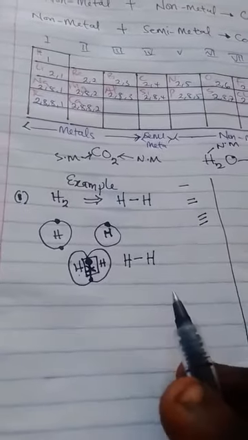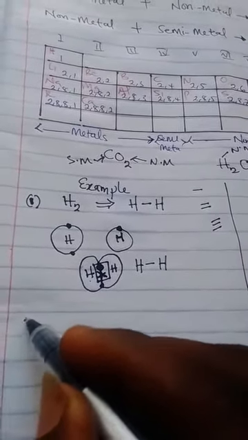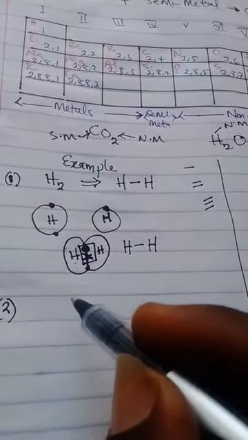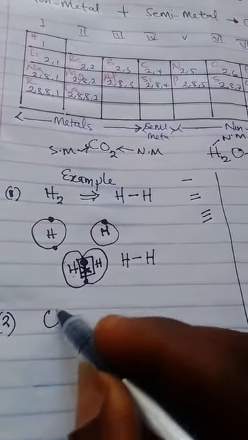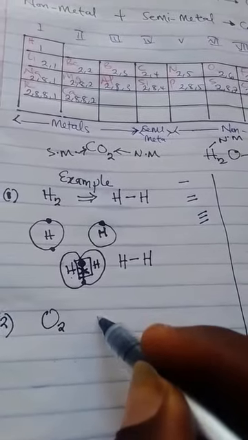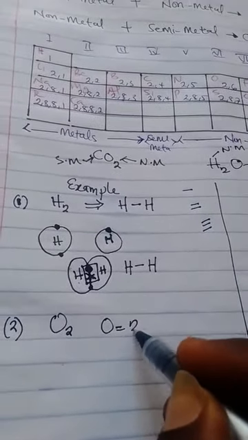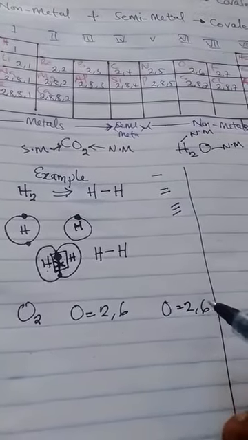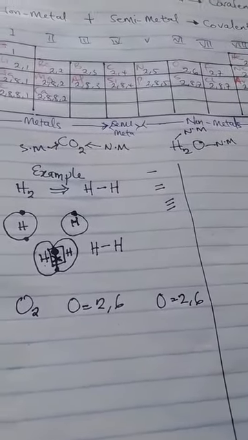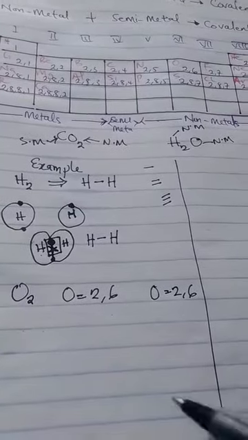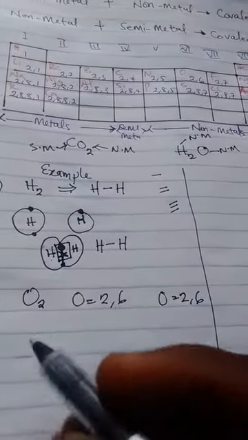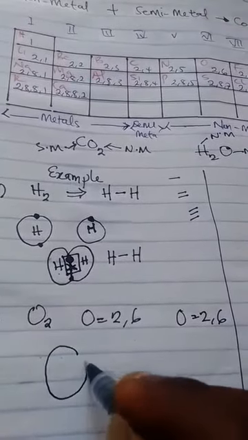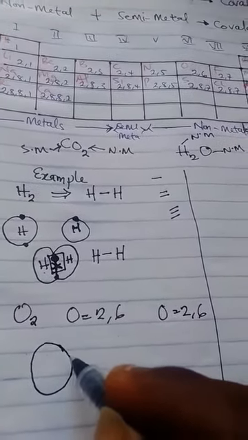Another example is oxygen, which will help you understand better. For O2, the structure of oxygen is 2,6, and the other oxygen is also 2,6. Both of them need 2 electrons to have an octet structure. The valence shell will be used.